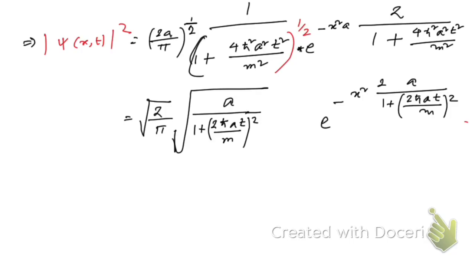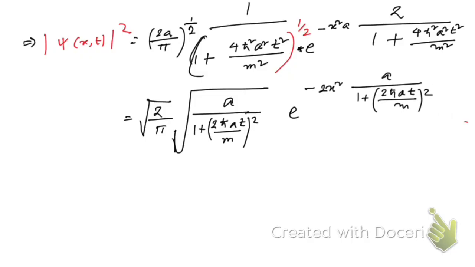Let me show you, just give me a second. So let me write the 2 here. Let me rearrange these things. Here we have root, so let me write here root, and let me write again square for simplicity.